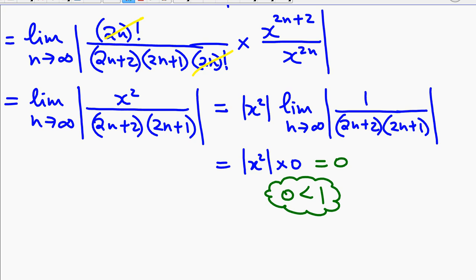From our calculations, we've ended up with the left part of the ratio test being equal to 0, and therefore, because 0 is less than 1, we can make a conclusion that this series converges for all values of x.